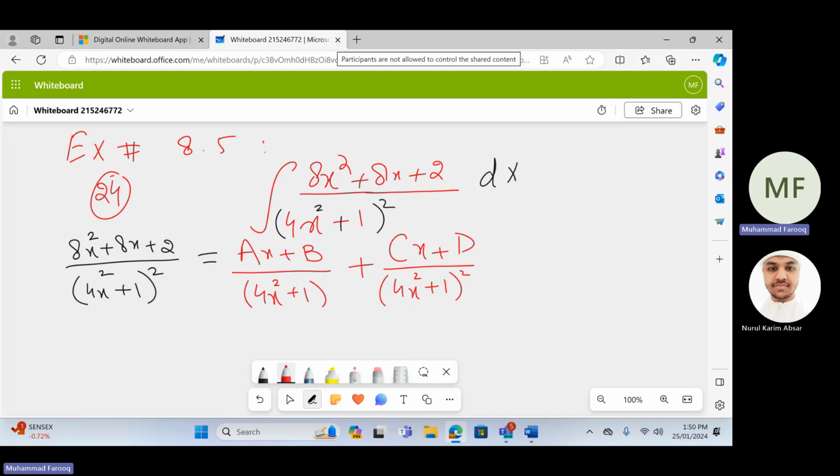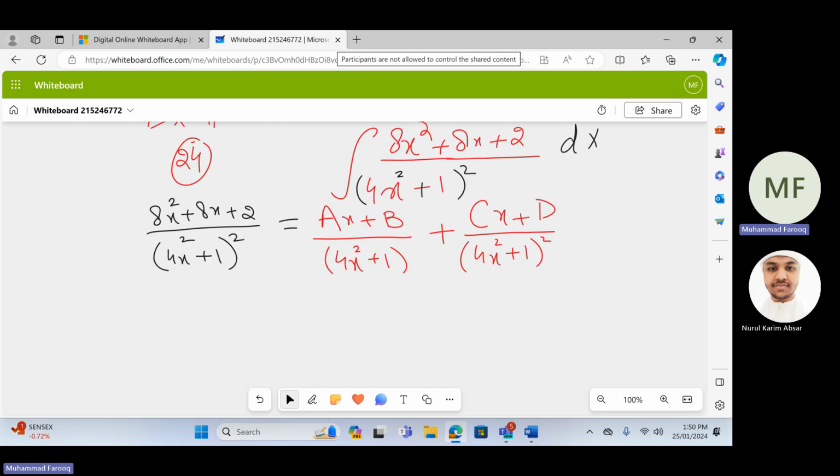What is the next step? I told you the steps are the same for all questions. We need the star equation, which is the simplified equation with no denominator. So we multiply each and every term.